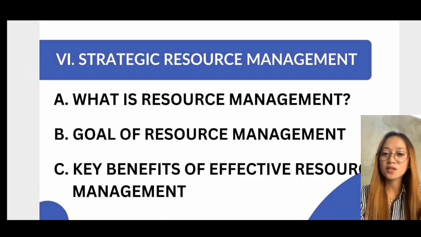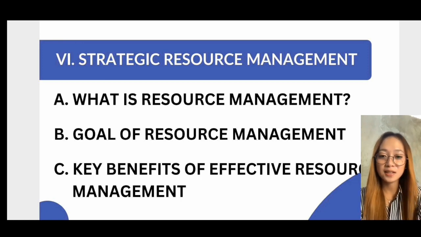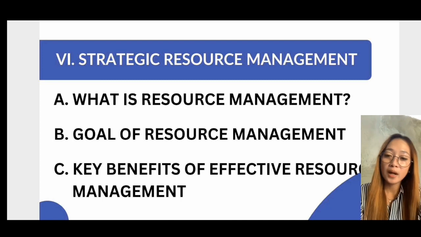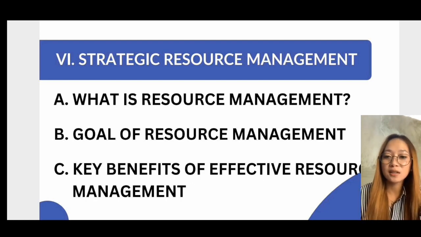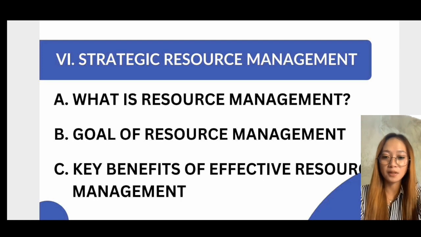So what is resource management? When we say resource management, it is the practice of deciding where and how to use your budget, time, and team capacity. It's the process of allocating resources to achieve the greatest organizational value. For this, you need total visibility into everything you have to work with, from budgets to tools to team members.